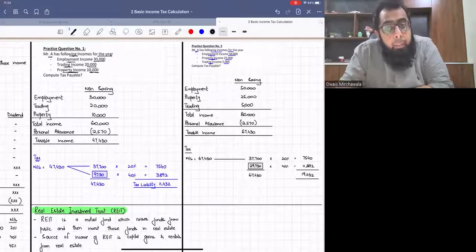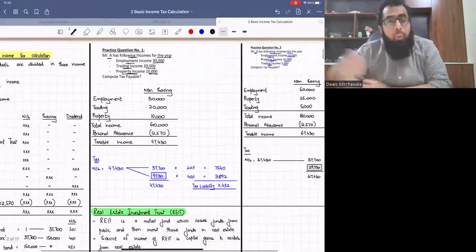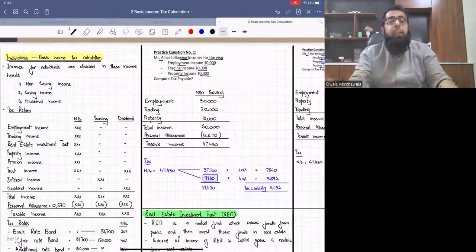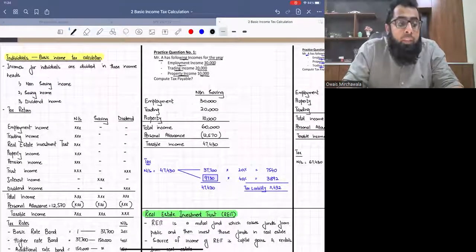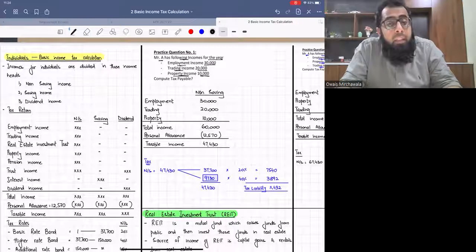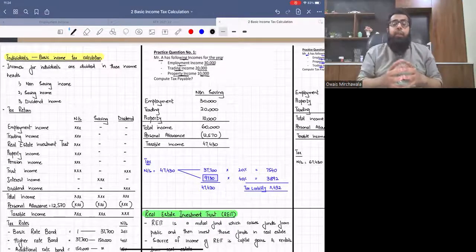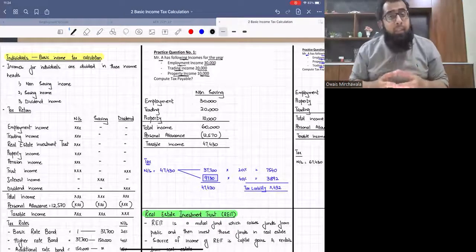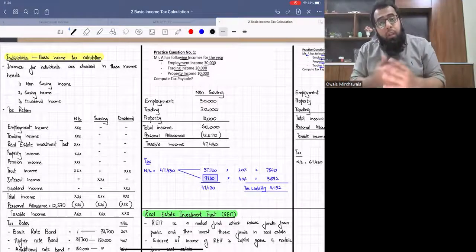Is it clear? So, what we are doing is, we are making basic income tax return of individuals, that how an income tax return of an individual looks like.